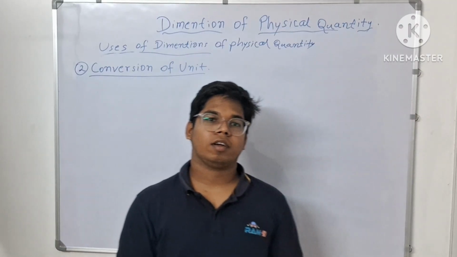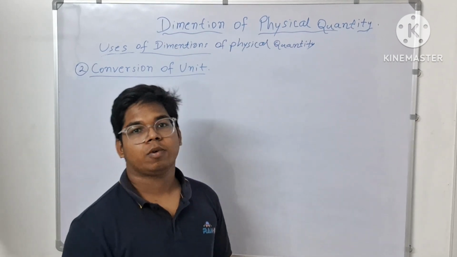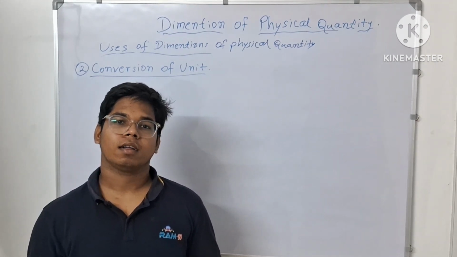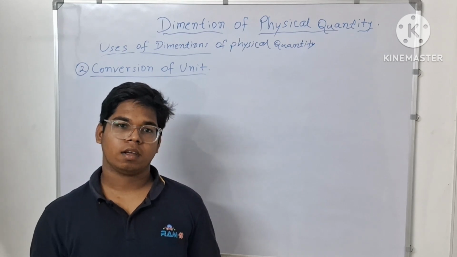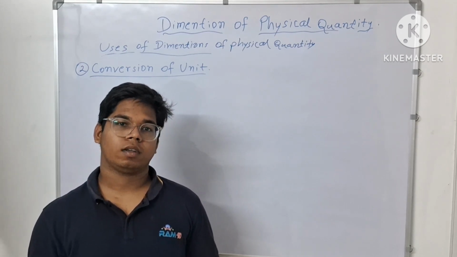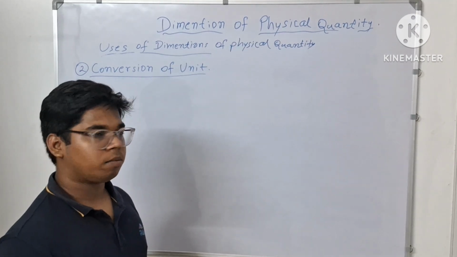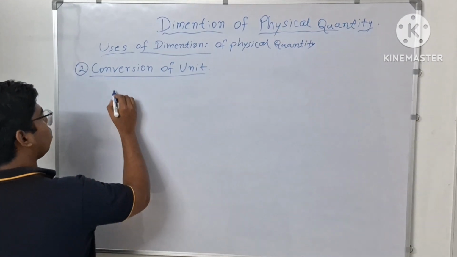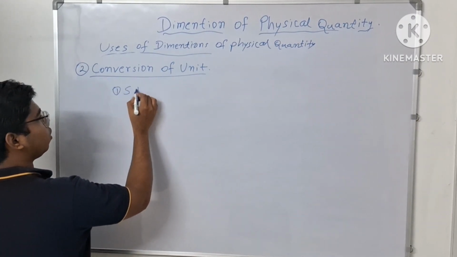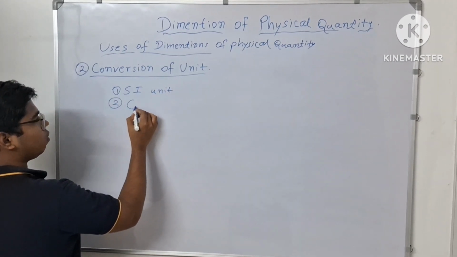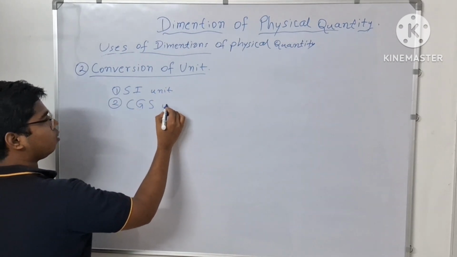Next is conversion of unit. If we choose a different set of base units to work with, then all quantities should change their base unit. Let's understand it by taking an example. One is the SI unit, we know, and another is the CGS unit.